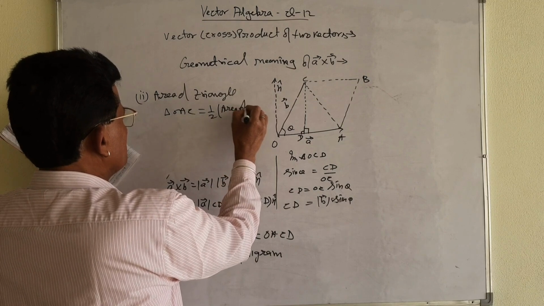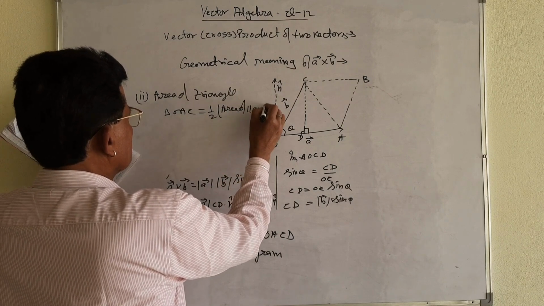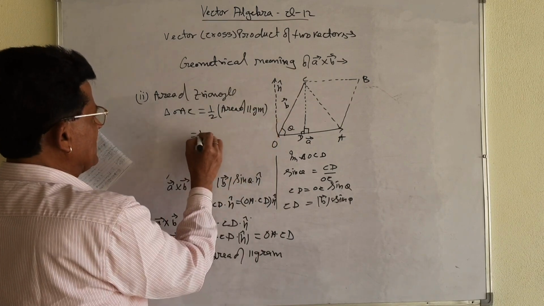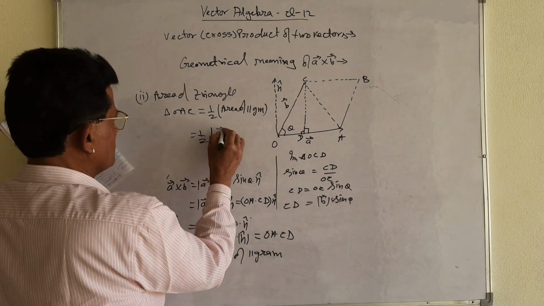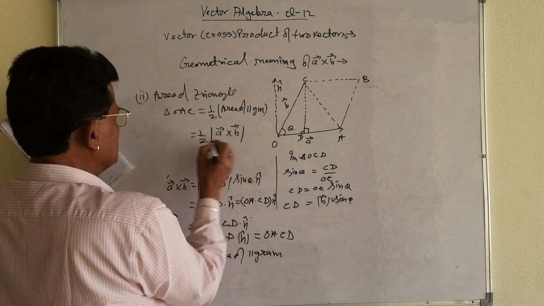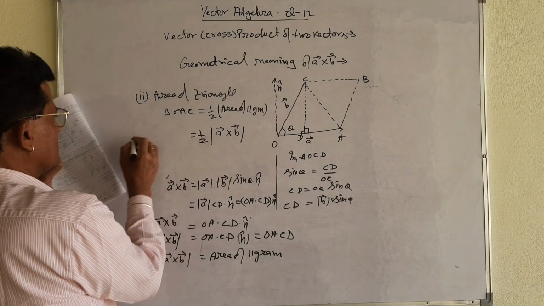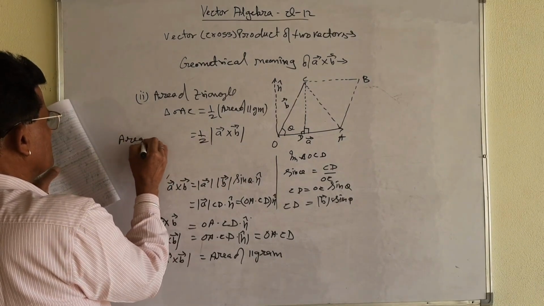The area of the parallelogram is the magnitude of A cross B. My dear student, this is the area of the triangle.